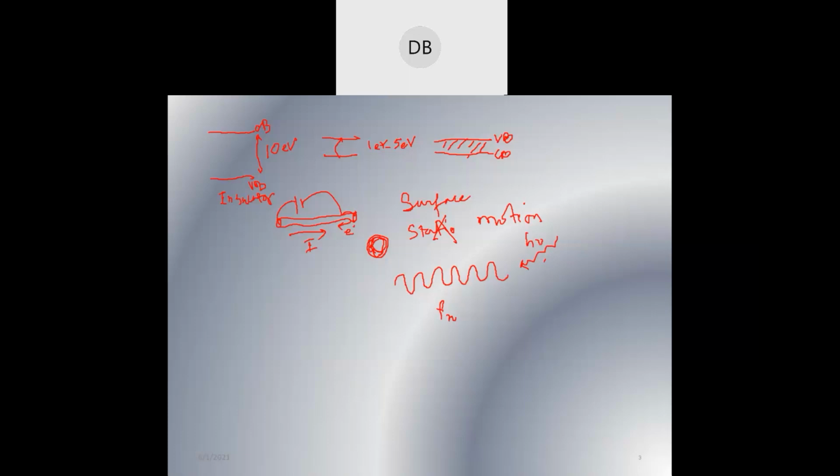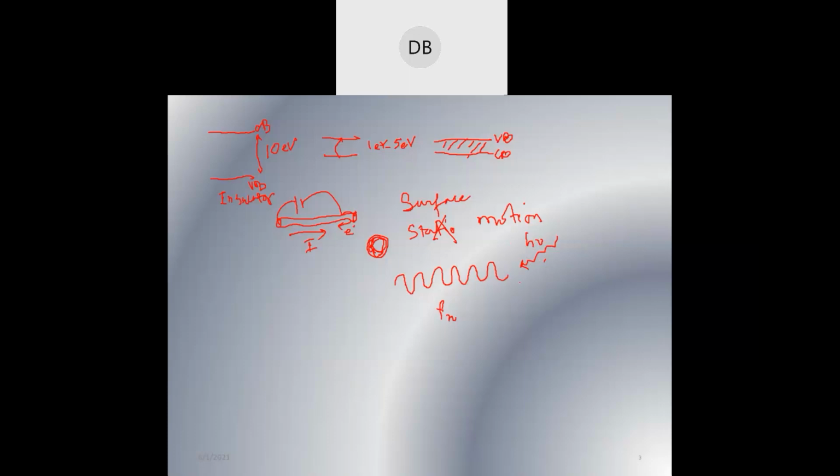This is the energy of the incoming light. This has a frequency f_n, that means the natural frequency of the electrons, and light also has its own frequency of oscillation. Now when this falls here, there will be what we call interference.